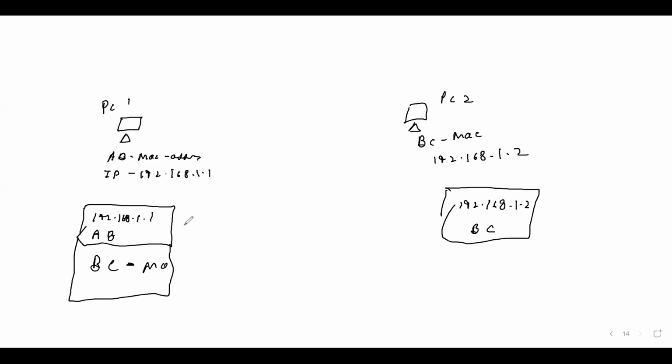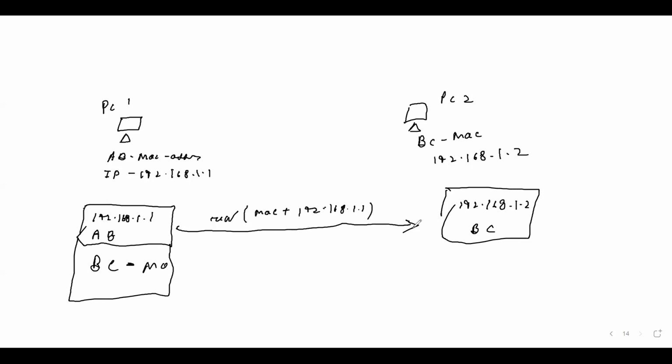He wants to know the IP address: can you tell me your IP address? When he sends this request, he will send his own information too: this is my MAC address and this is my IP address.